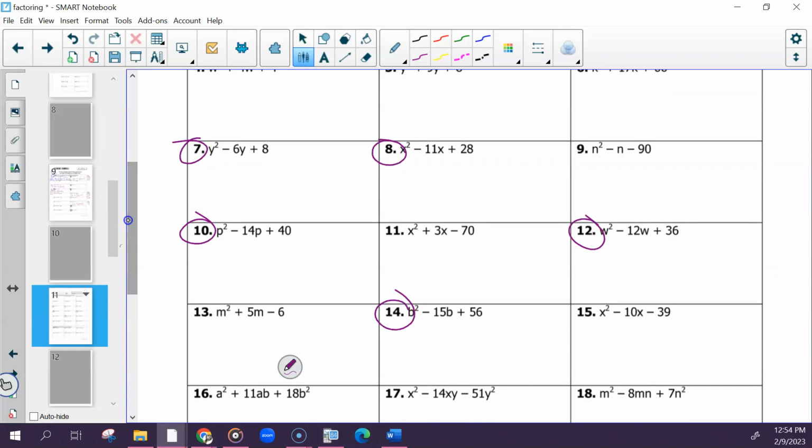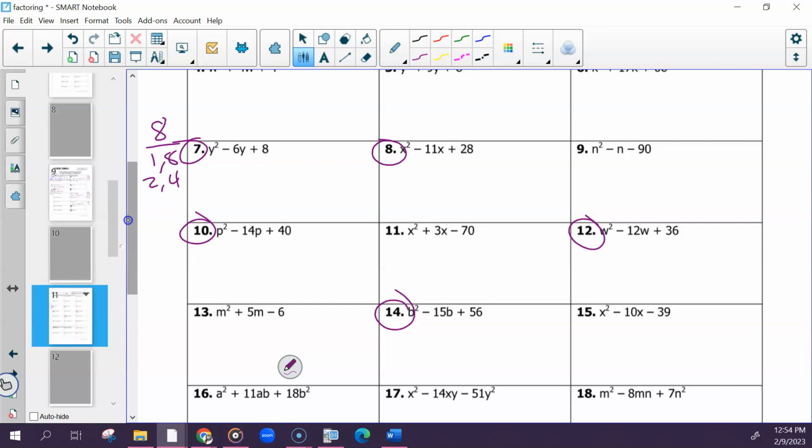Of those, pick which one you want to do first. I guess 7. Okay. So factors of 8. What are your factors of 8? Okay. 1 and 8, 2 and 4.